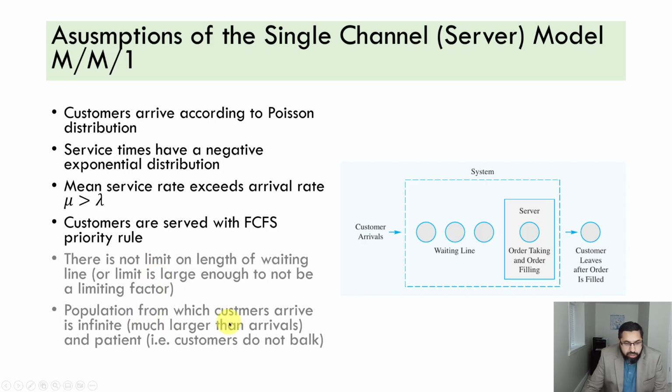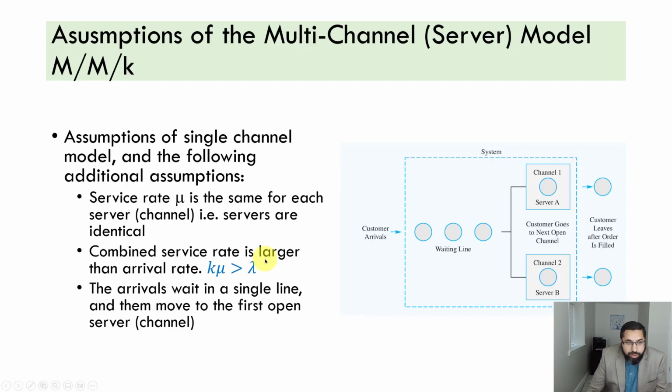The other is that the population from which the customers arrive is much larger than the number of people in the system. If you have 20 people in your store, the area you serve has a population of a lot more than 20 people. That's usually satisfied as well. For an MMK system, there's an additional requirement that all servers are identical. We are assuming that if you have 2, 3, 4, 5 servers, all of them operate at the same rate.